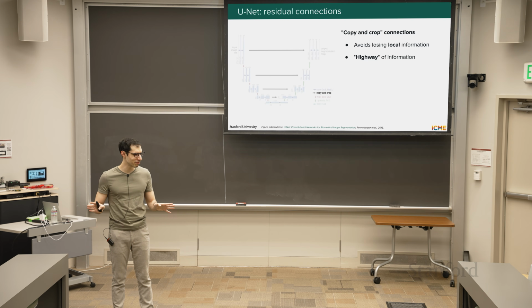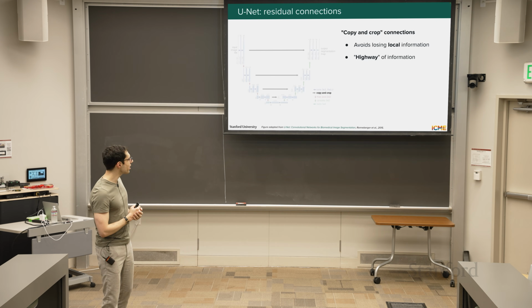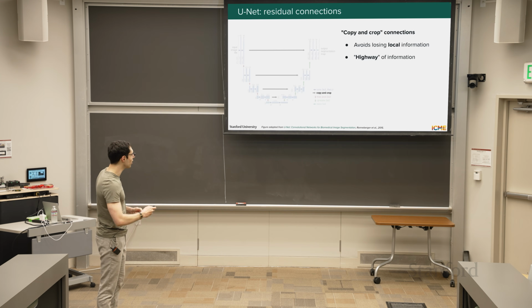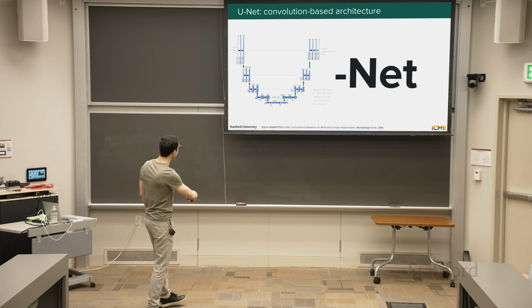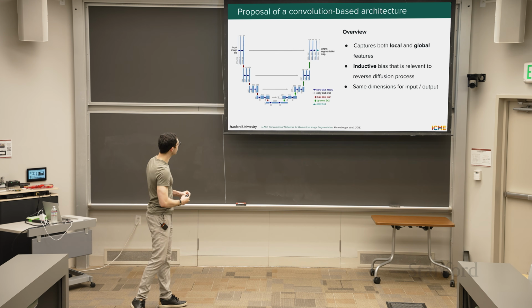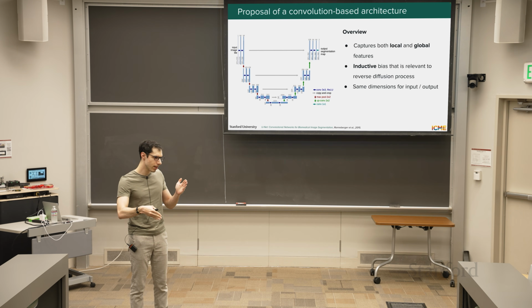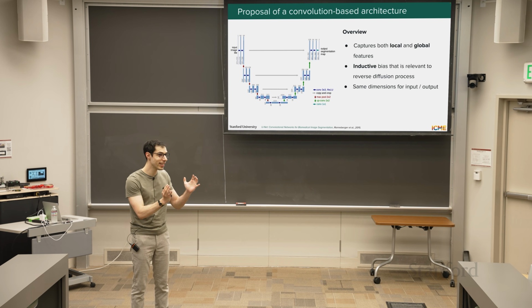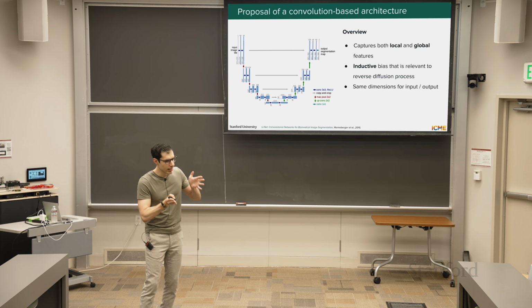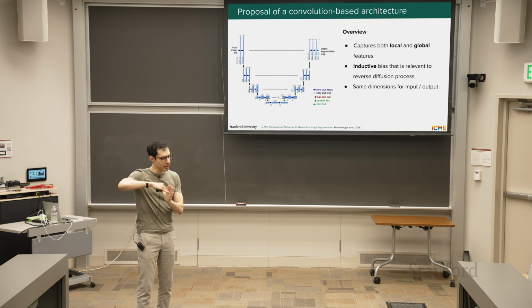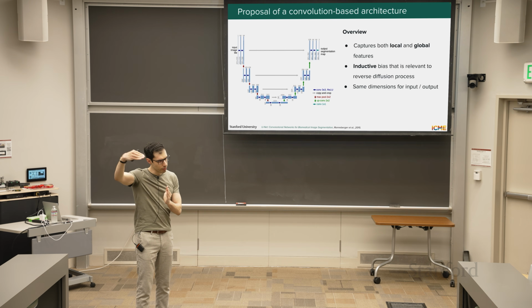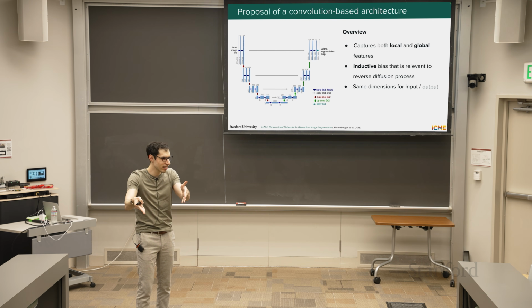Is that part clear? The question is, what are you copying, what are you cropping? Great question. The feature map that you're computing in the downsampling step, you're literally taking that, and then you're concatenating those features to the features that are in the upsampling step.